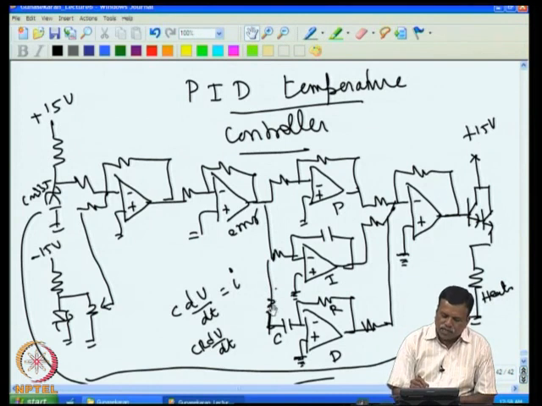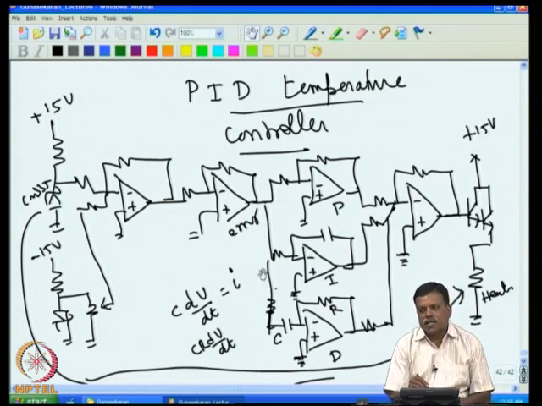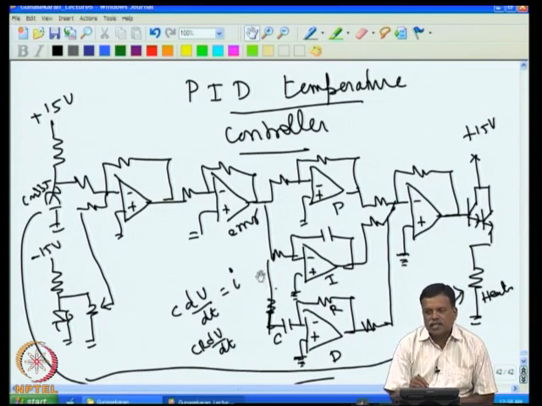So we can add a small resistance related to this R, so that we will not get too large a gain for very high frequency noise, because particularly in the temperature controller, the change will be very small. Even in a normal system, whatever noise is there in the electronic system, that noise frequency will be much higher than the system error frequency.